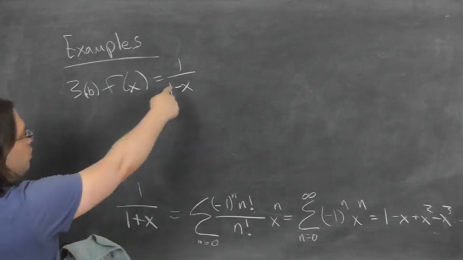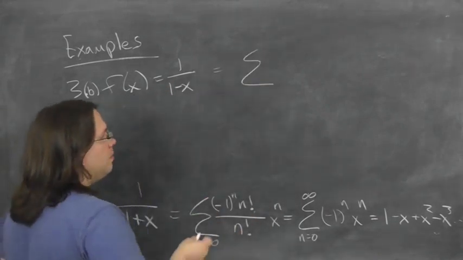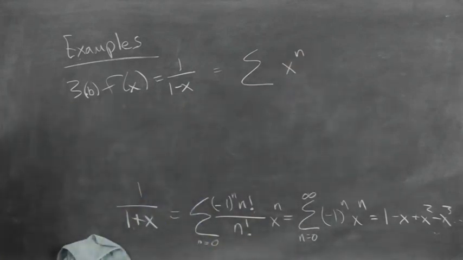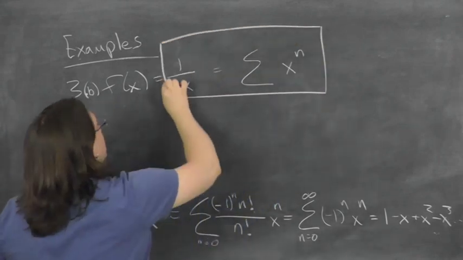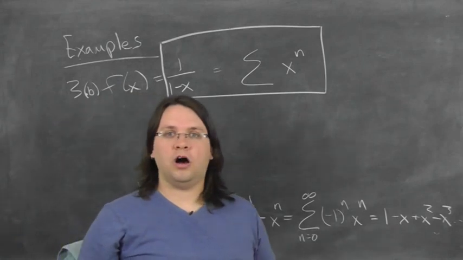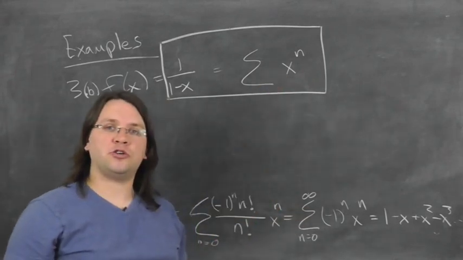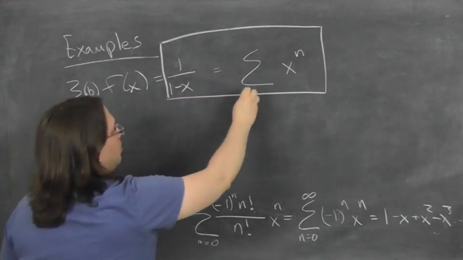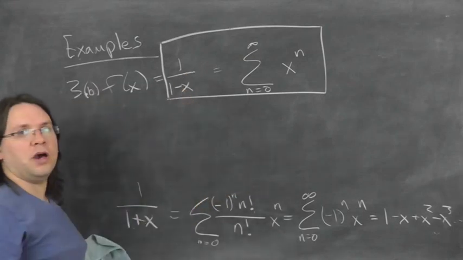And if we do 1 over 1 minus x, this becomes just the sum of the x to the n's. And this formula you've probably seen before as the formula for the sum of a geometric series. This is precisely what we have here, a geometric series. And the answer, when you sum from n equals 0 to infinity, is just 1 over 1 minus x.